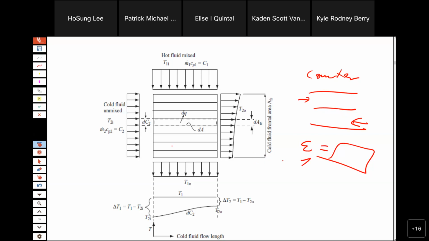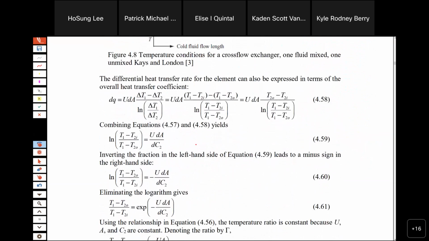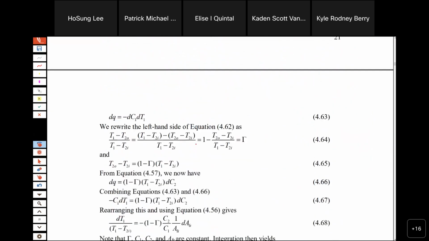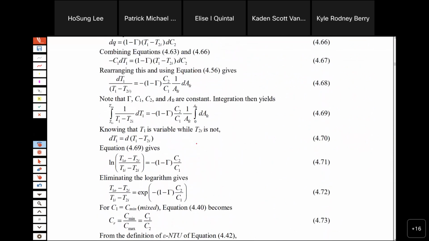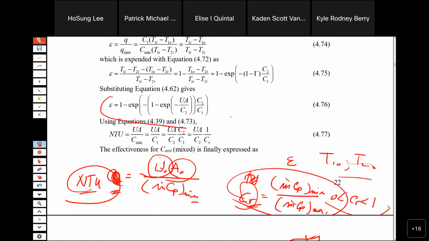I'm not going into the derivation detail. If you have time, you can look at it. It takes an hour to go over. And we found the effectiveness. That's it.